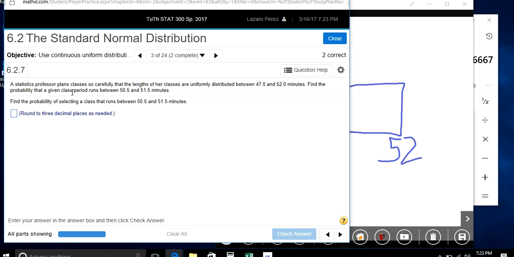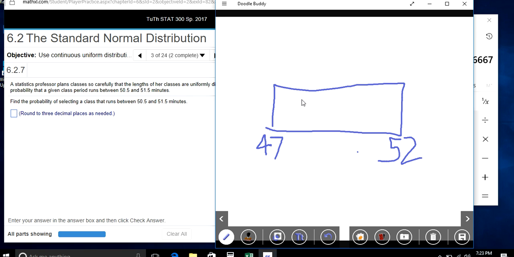Find the probability that a given class period runs between 50.5 and 51.5. I'm not going to write the 50 and 51 just because it's hard writing on here, but you know that this line is 50.5 right here, and this second line is 51.5.